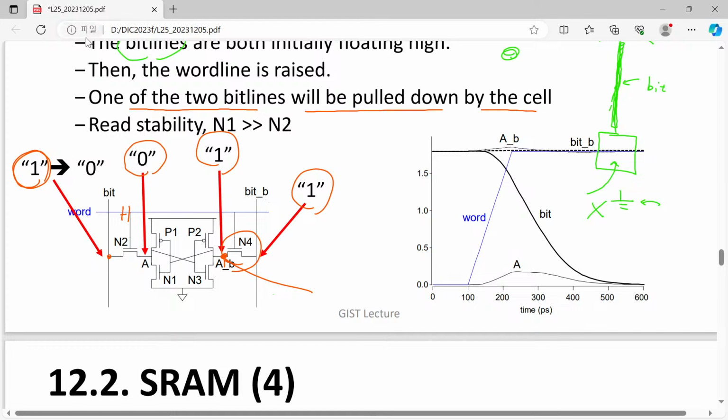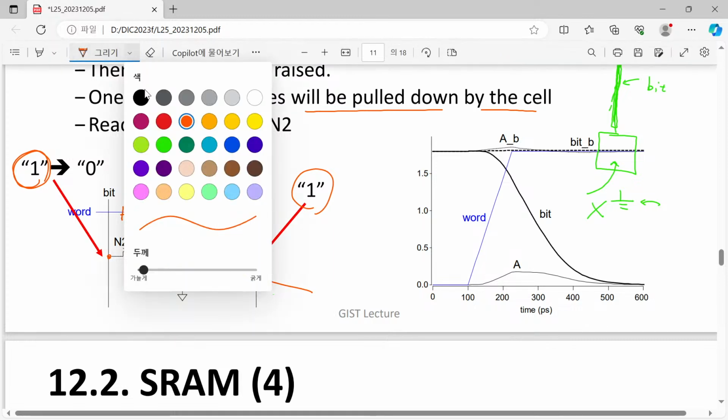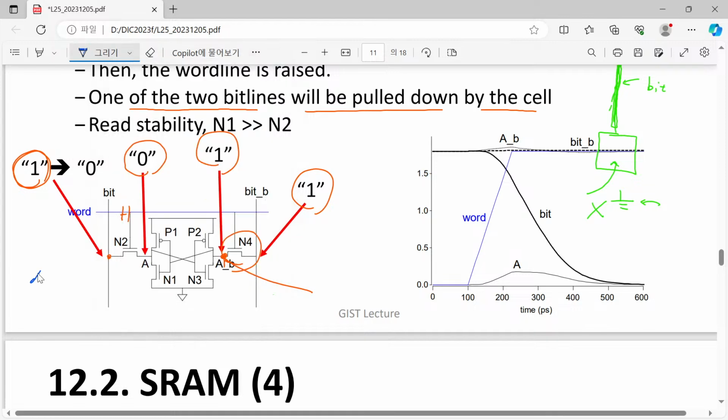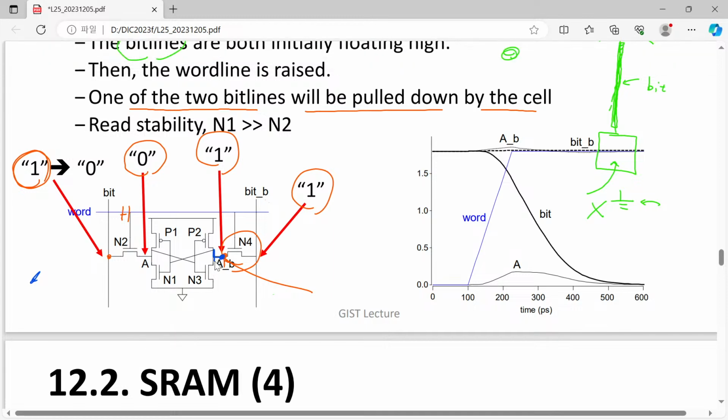Please note that in this case, you must also consider another one. Now this is 1, this is 1, and your N1 device is also turned on and its source is grounded.